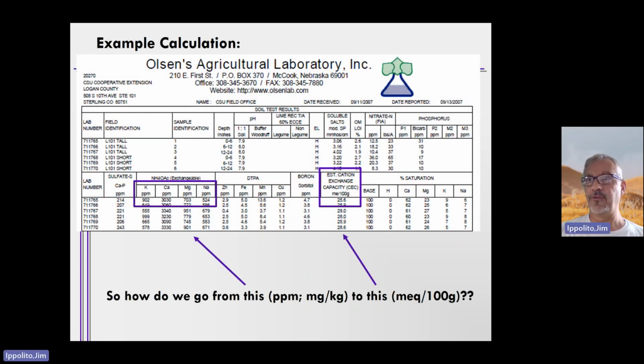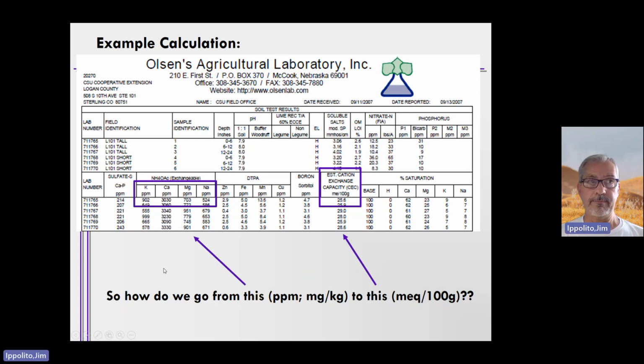So let's go back to this example that was shown in the previous video. You have this column here, exchangeable or estimated cation exchange capacity in milliequivalents per 100 grams. So how do we go from these values here, the concentrations of potassium, calcium, magnesium, and sodium in a soil, to milliequivalents per 100 grams?